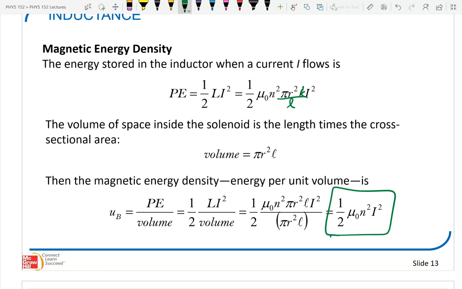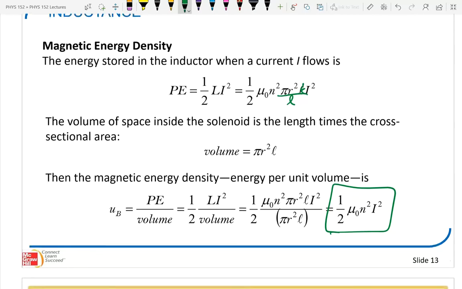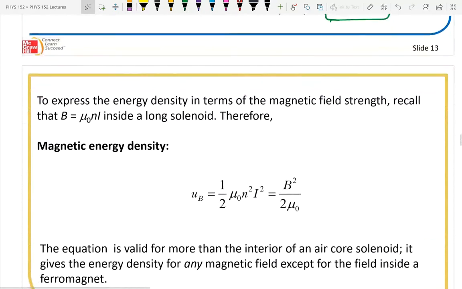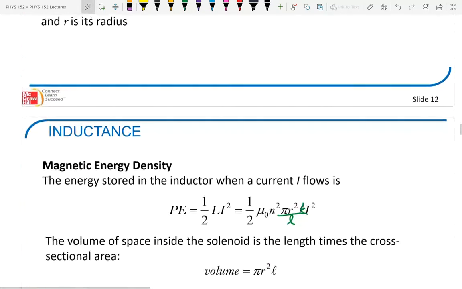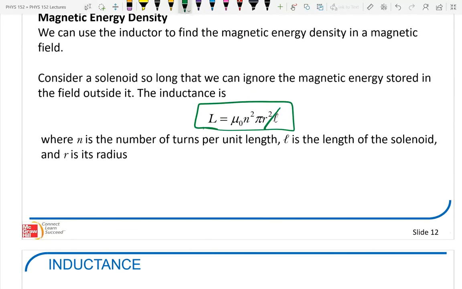Why is this important? Well, the current is going to relate to the magnetic field. And, oh, okay, there's not a mistake. I figured it out. Lowercase n is the number of turns per unit length.